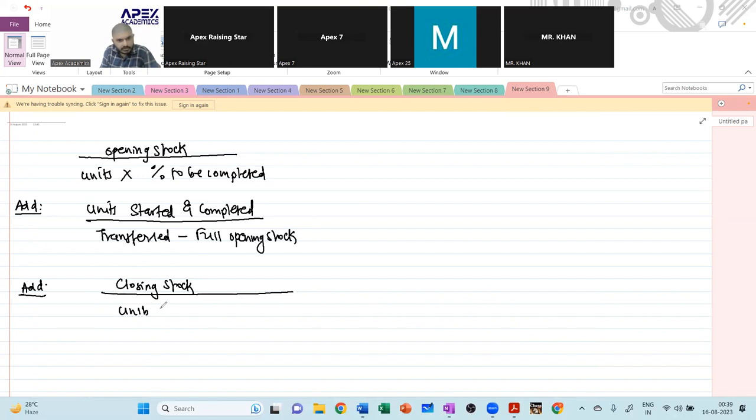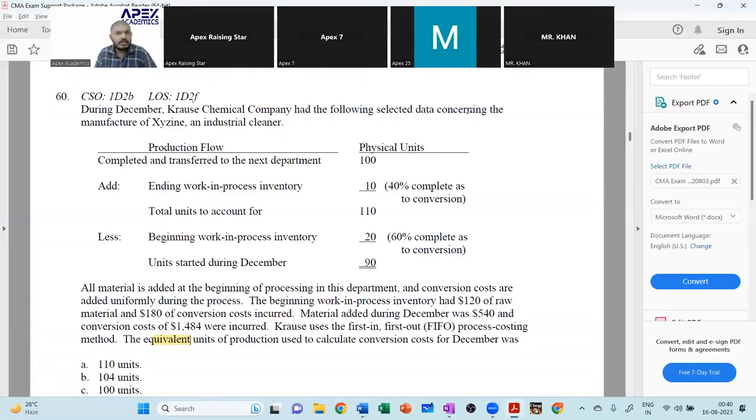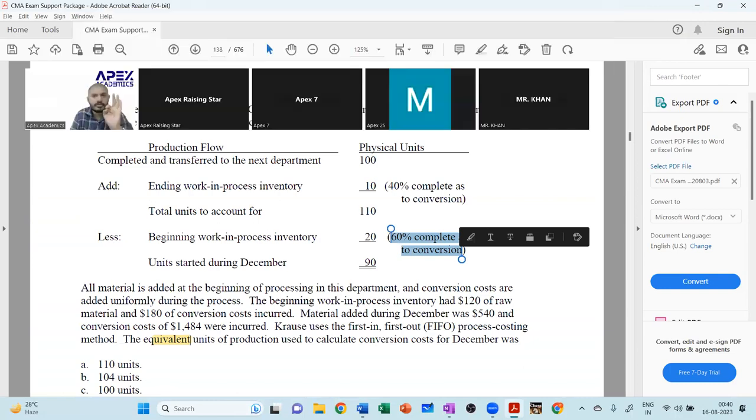Units multiplied by percentage that is completed. Are we clear? Okay, let's go to your question book. Now, opening stock. First of all, opening stock is 60% completed from the perspective of conversion.